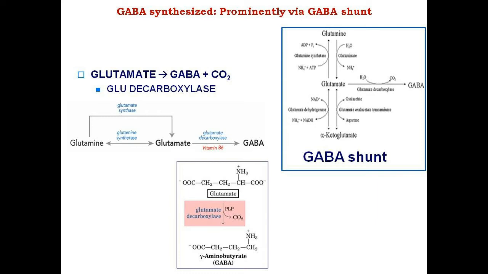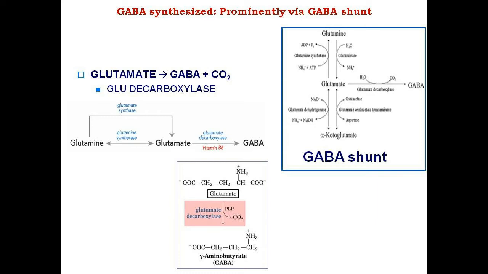That is glutamate, which can be converted to glutamine or alpha ketoglutarate, like two reversible reactions which we already discussed in earlier classes. So from this, glutamate is shunted towards GABA synthesis, and this reaction is catalyzed by glutamate decarboxylase. As you can see, it is an irreversible reaction, and it is shown in this box.